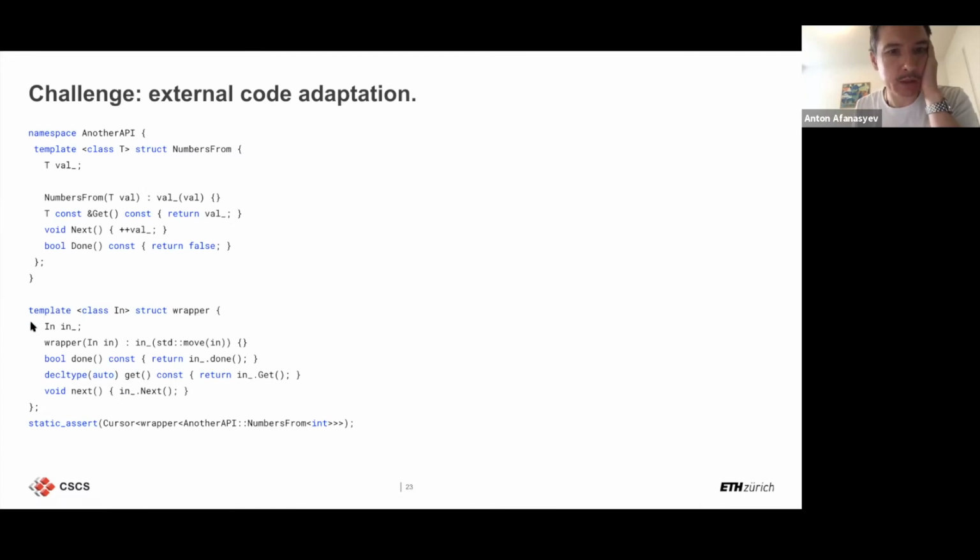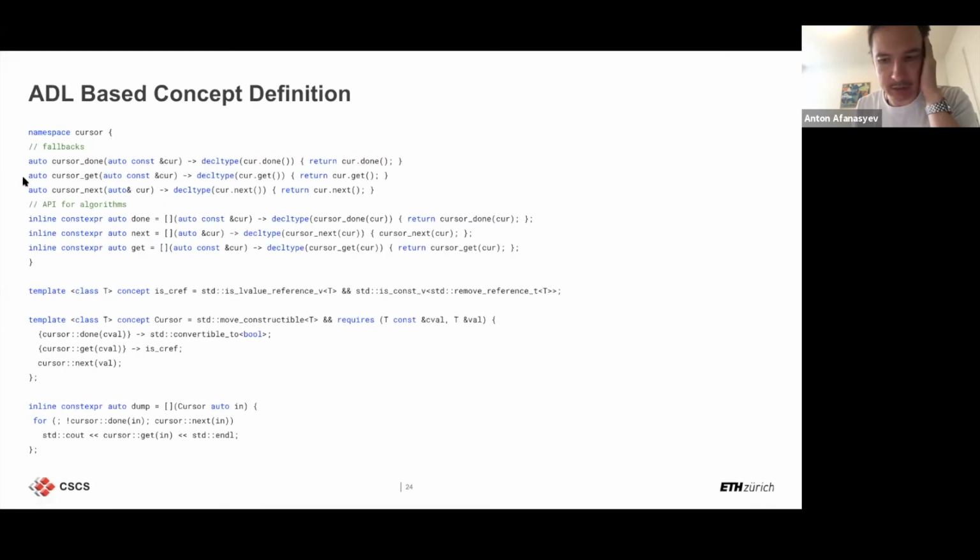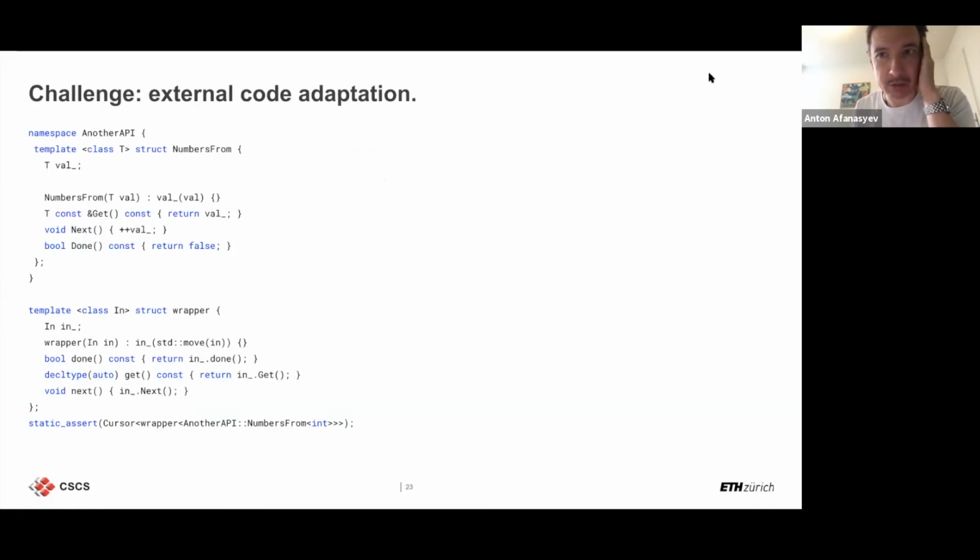Of course, we can write a simple wrapper that takes the other API input and just translates get with capitals to get without capitals.